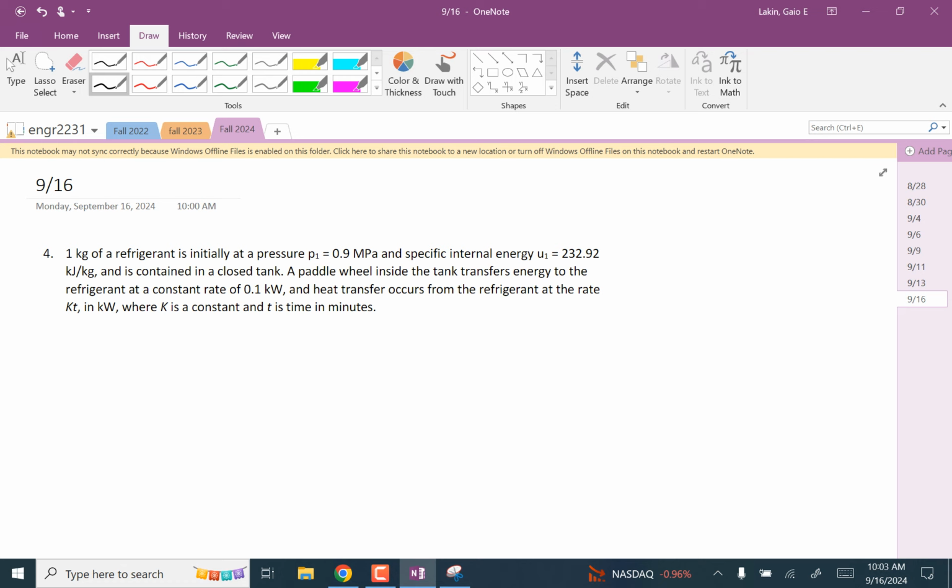Okay, so we know we're going to use the form d kinetic energy dt plus d potential energy dt plus d internal energy dt is equal to Q dot minus W dot.